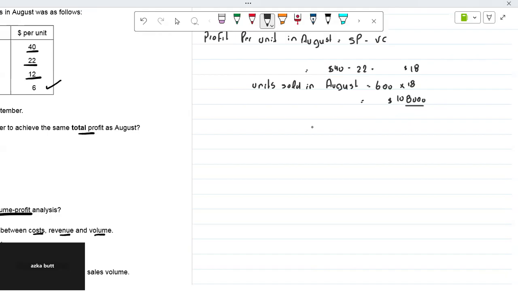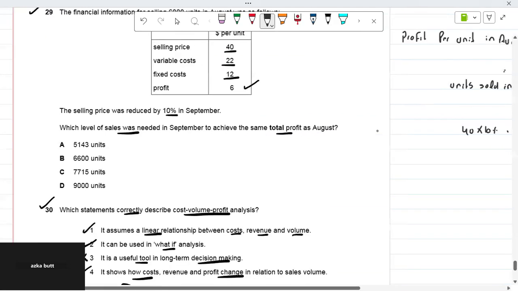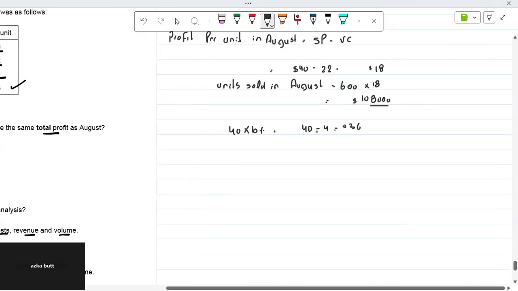Now the new selling price in September, which is reduced by 10%. The selling price was $40, and it is reduced by 10%, so this gives me 4. So 40 minus 4 is equal to $36. So this is the new selling price. It is reduced, that's why we are deducting the 4 from the 40.